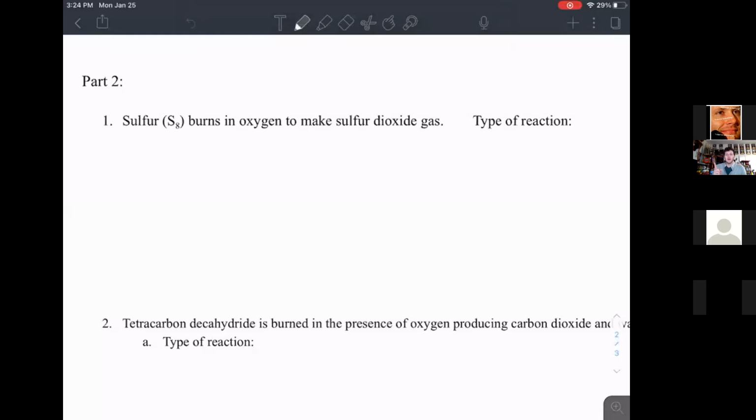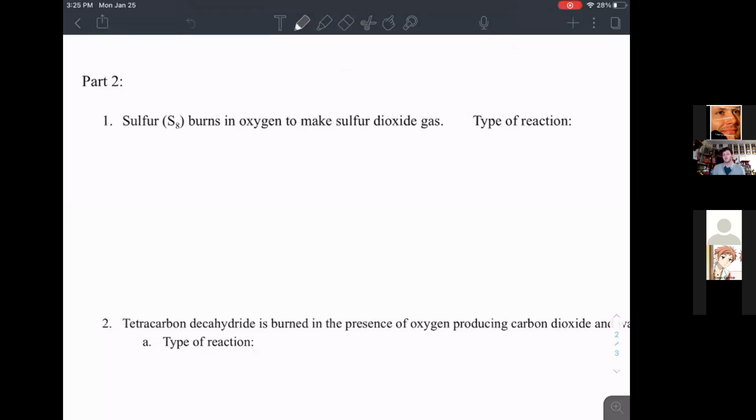What we need to remember when we're doing this is we have reactants, we have products, and we need to figure out where that arrow or that yield sign goes. So who can identify a reactant or a product or the yield sign? Who thinks they know one or all of them? Somebody tell me a reactant or a product. Sulfur. What do we think that is?